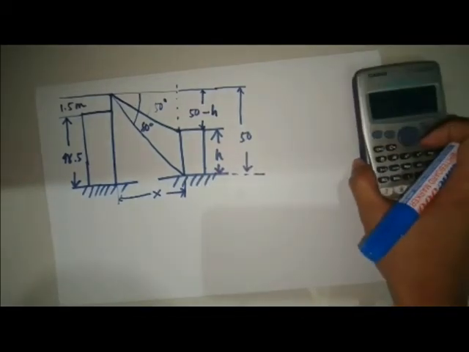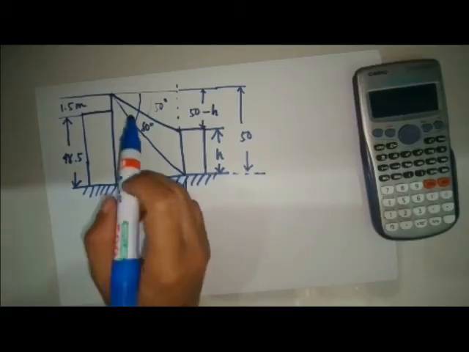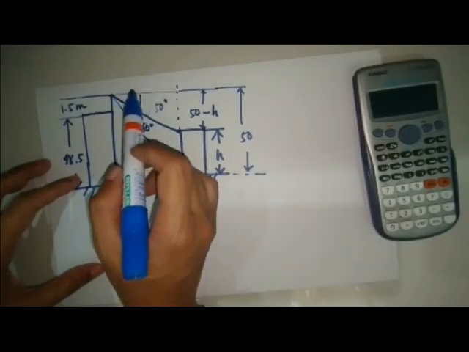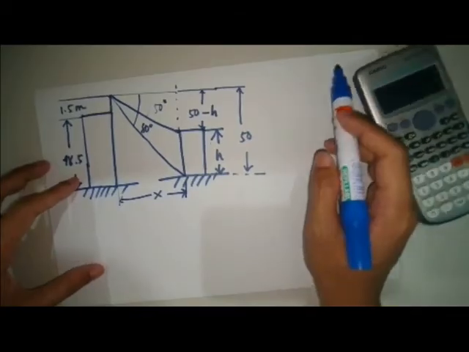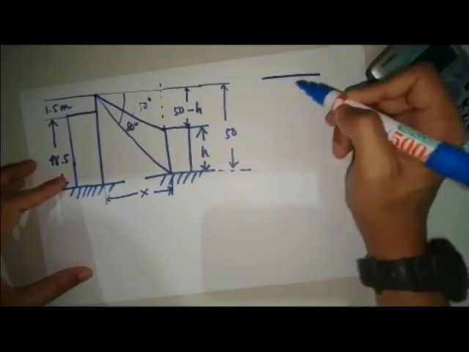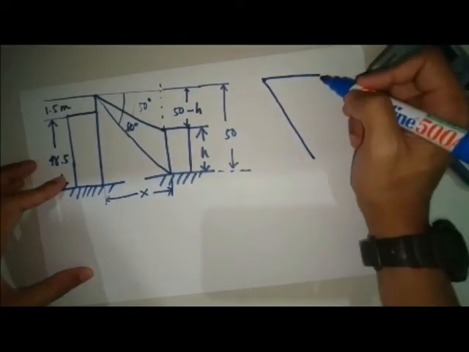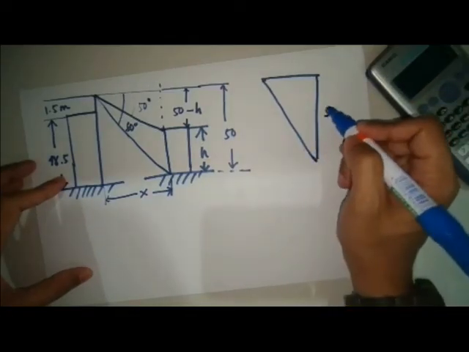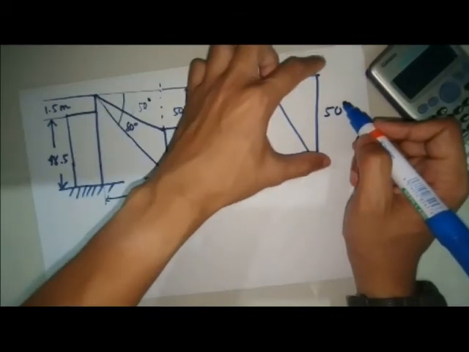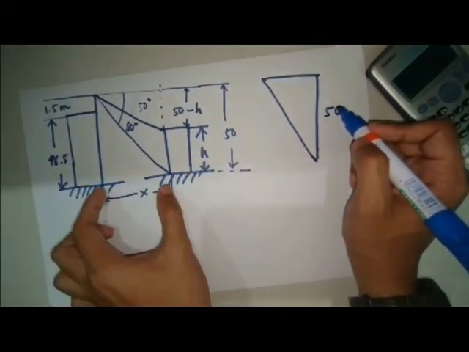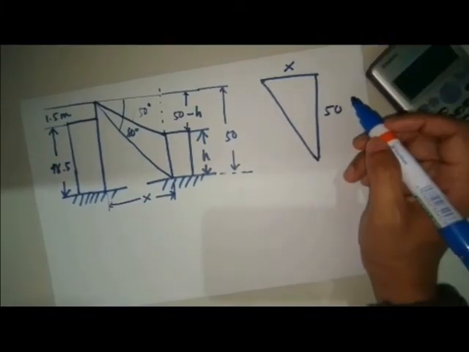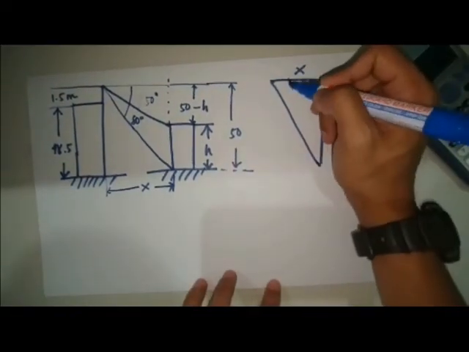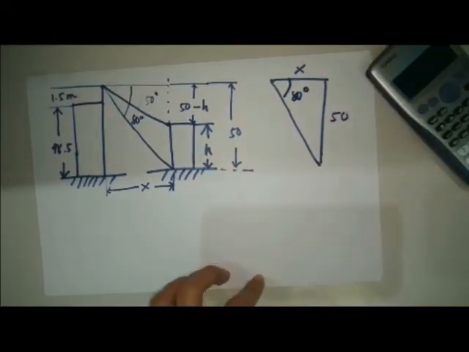In this figure, you can form two triangles: the big triangle and the small one. Let's separate the two. The big one goes all the way down to the bottom of the building, so that side is 50, the base is x, and this angle is 80 degrees.